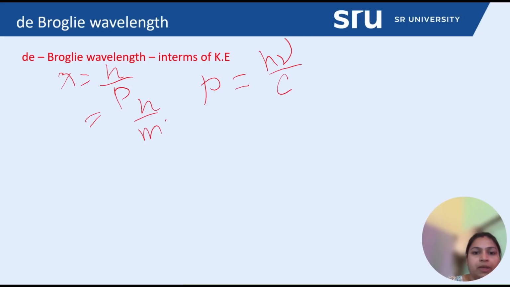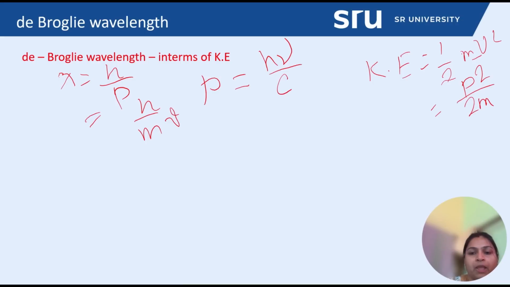And we know the kinetic energy K is equal to half of mv square, which is equal to p square by 2m. So p is nothing but the root of twice m E_k.